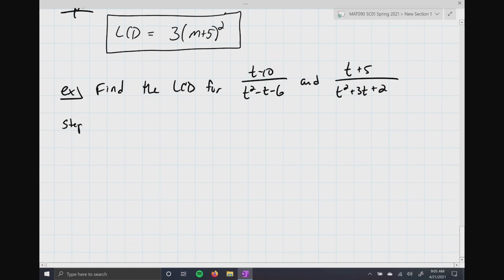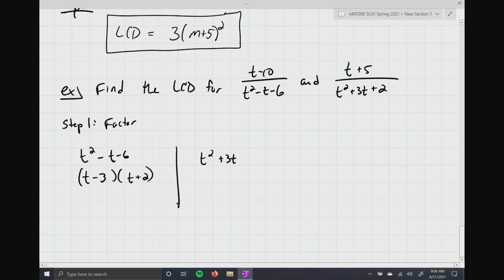Step 1, let's factor. T squared minus t minus 6 factors down into t minus 3 and t plus 2. For the second denominator, that will factor down into t plus 1 and t plus 2.